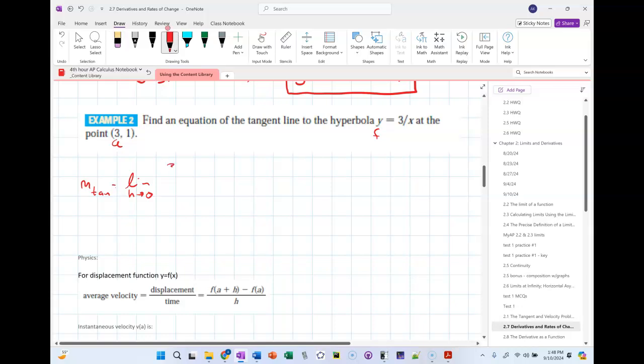So we have f of a plus h minus f of a, all over h. Is everybody okay with how I set that up?